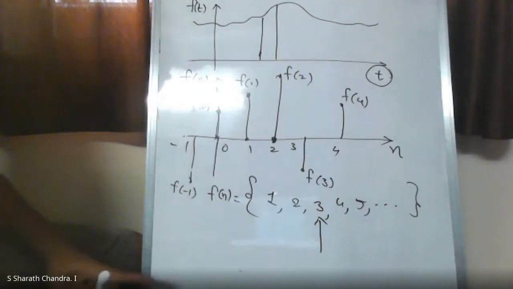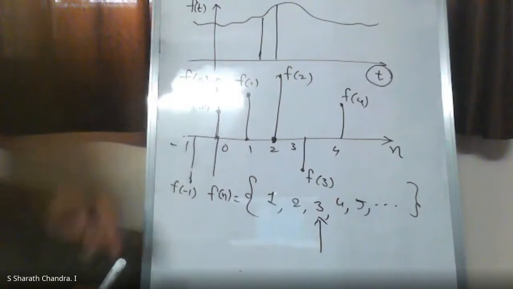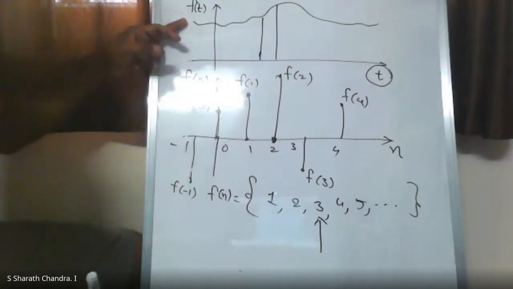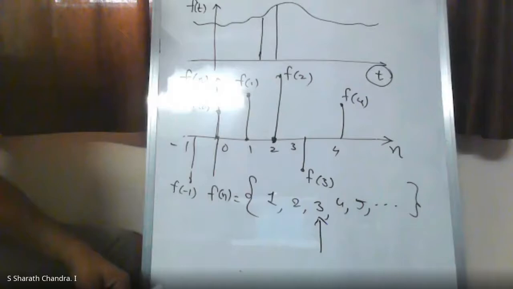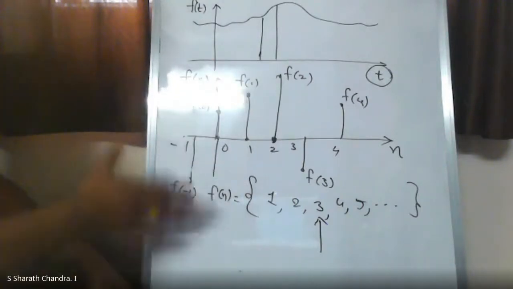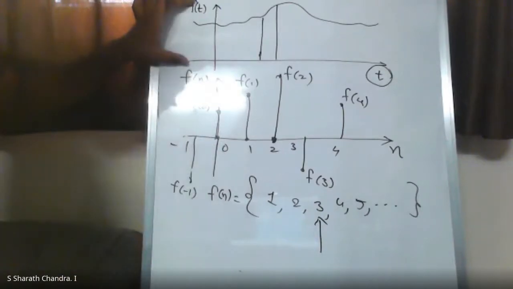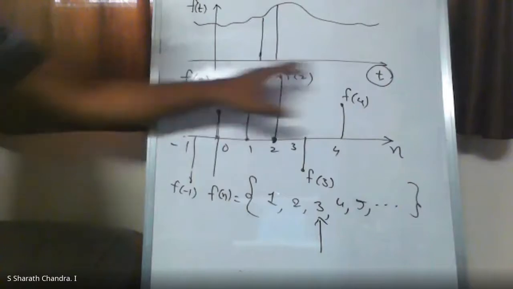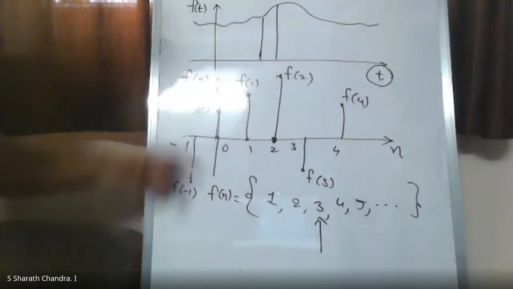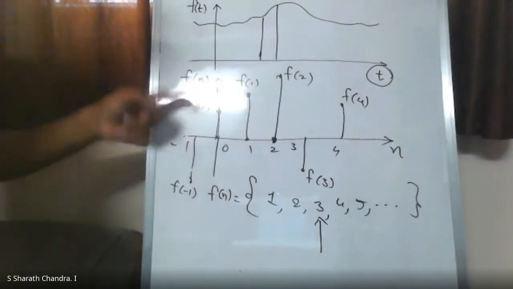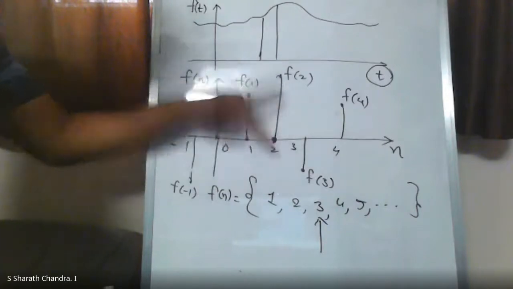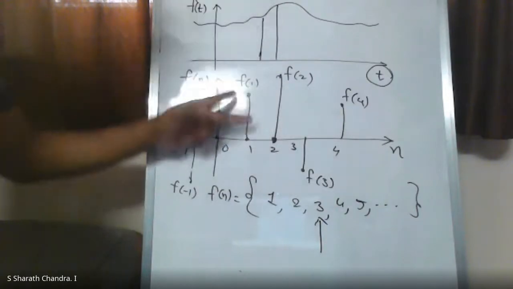We call such signals analog signals whose amplitude is always continuous. If the amplitude is continuous, then I can call such signals analog signals. This is an example of an analog continuous time signal, and this is an example of an analog discrete time signal, because in both the cases the amplitude was continuous.